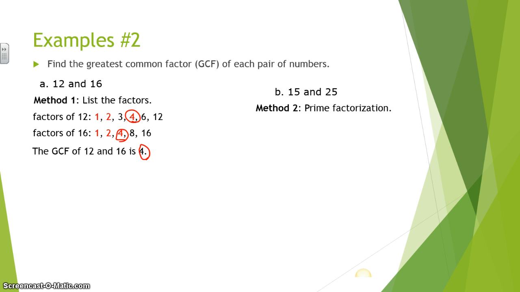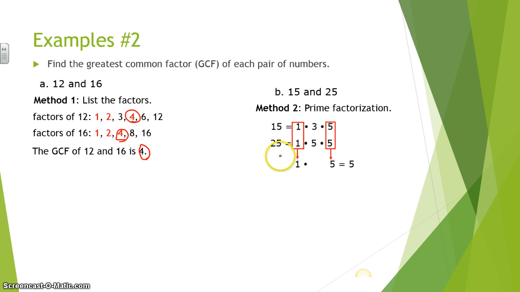Now for set B here, we have 15 and 25, and we're going to be using prime factorization. This would be the second method you could use for finding the greatest common factor. So we can work with the prime factorization of 15. For 15, you get 1, 3, and 5.